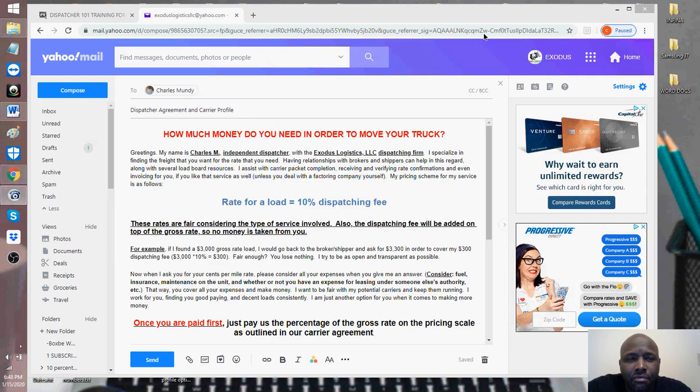But honestly, a lot of people think the brokers dictate the rates, and that hasn't been my experience. A lot of times the shipper tells you what they want to move the freight for, and as long as trucks are taking it, the only thing I can do is say this is what the shipper's willing to take, and be transparent.